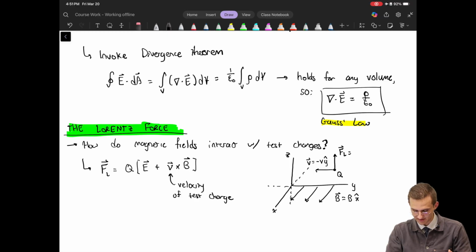When you do the v cross B, y cross x would be negative z, and the negatives cancel. And so you're going to have v times B in the z hat direction. That's going to be the result, the F_L.